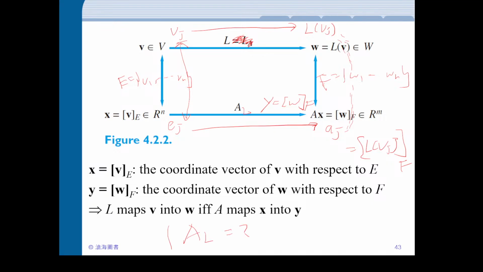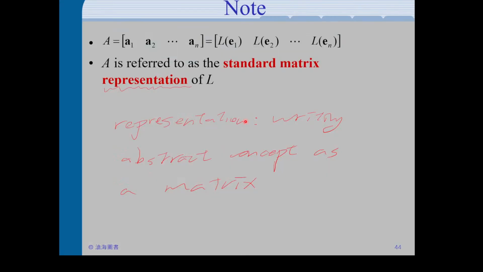I guess the handwritten part already gives the answer. Basically we want to do the same thing. In the previous section, we said that if we just map from R^n to R^m, then we can find A sub L by finding the columns of A one by one.